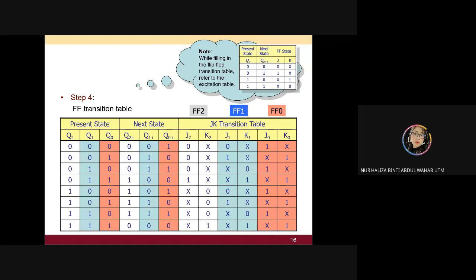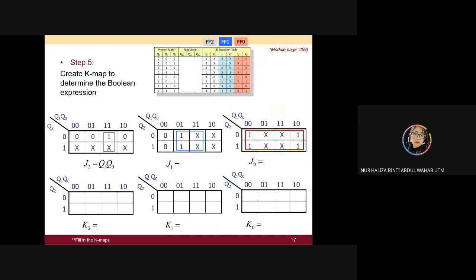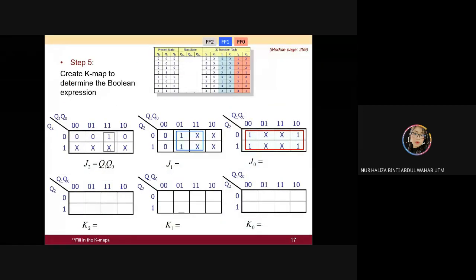From here, you're going to come out with your K-maps: K-map K0, K-map J0, K-map K1. Why do you need all these K-maps? Because you want to have the connections, how the connections look. So only refer to your present state here.